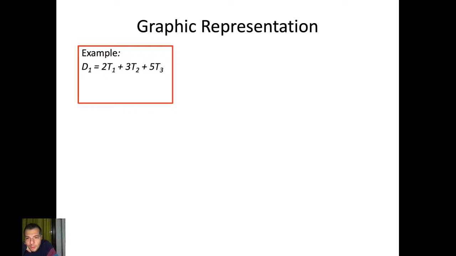Document 1 is represented as 2 times T1, 3 times T2, and 5 times T3. And these are terms. Another document is represented like this, so we have another set of weights assigned to these terms. And then the query is represented like this.